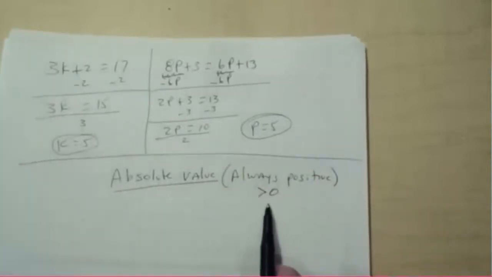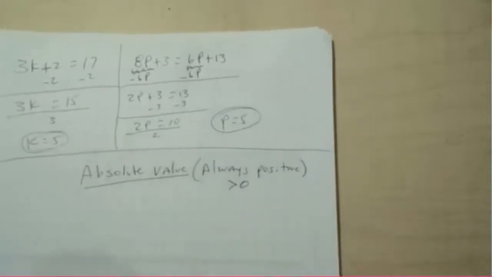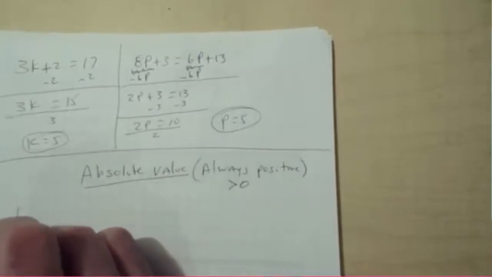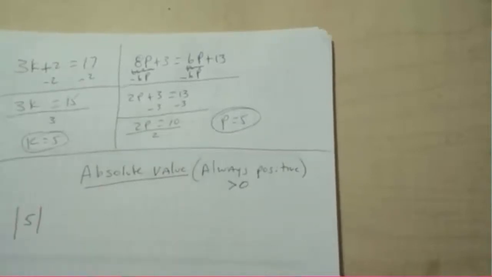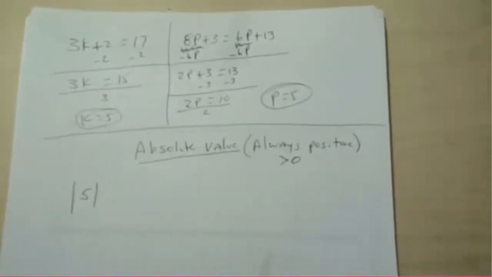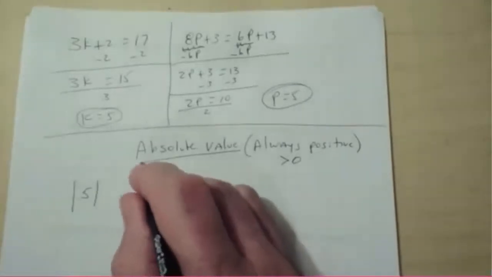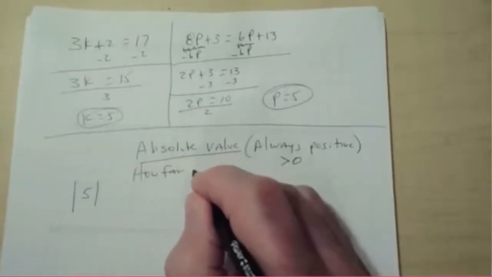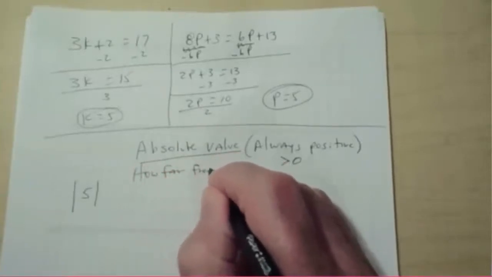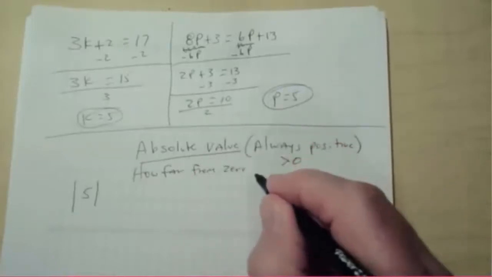Okay, absolute value we write like this. Absolute value of 5. Now, what absolute value means is how far is it from 0 on the number line.